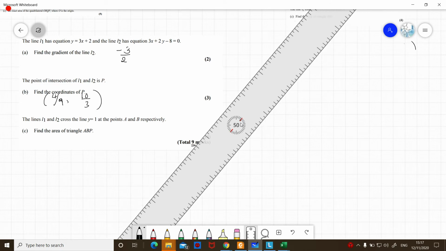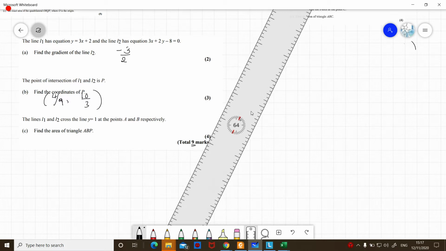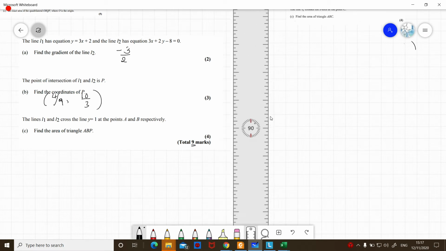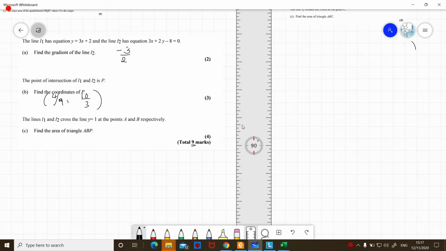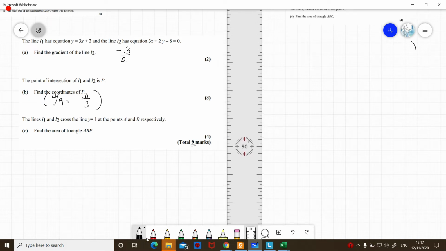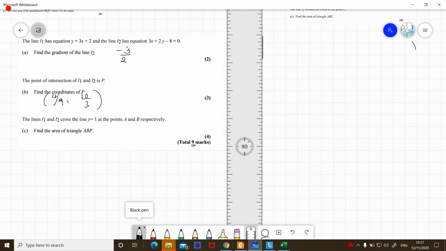So if we know that the line is going to be, so if we look at it in terms of, let me just get my axis quickly and draw a straight line. So it's very difficult to do it without a diagram.